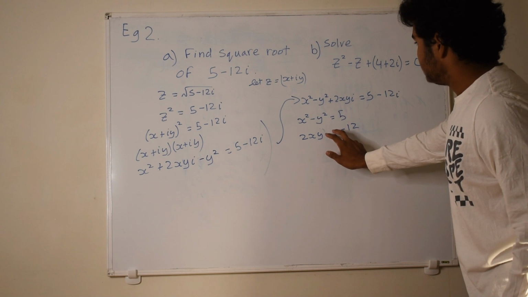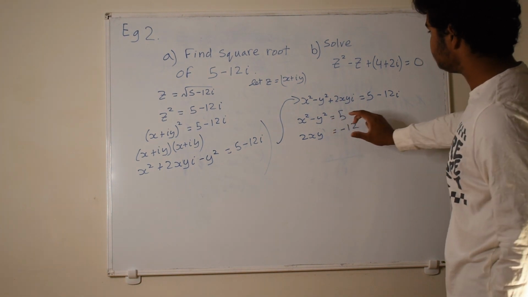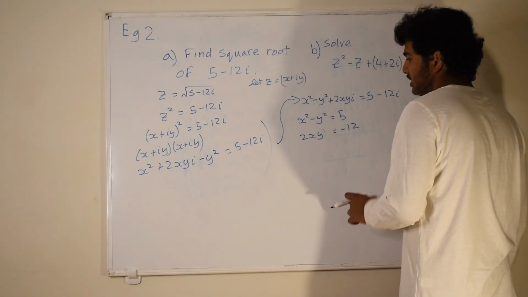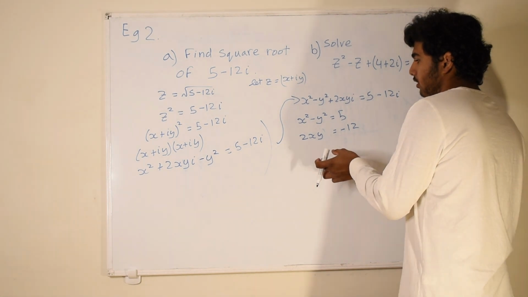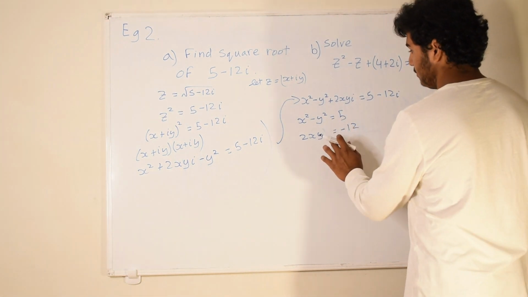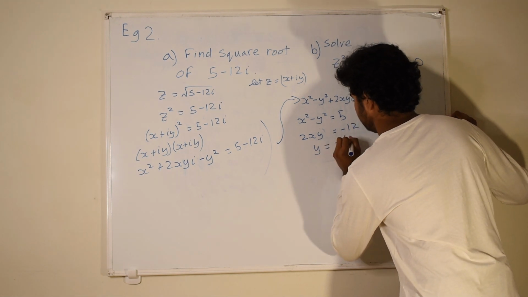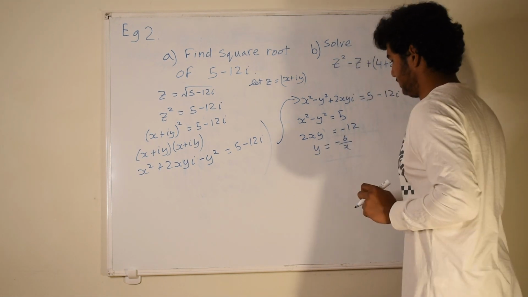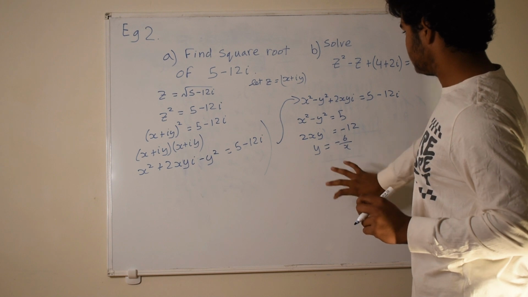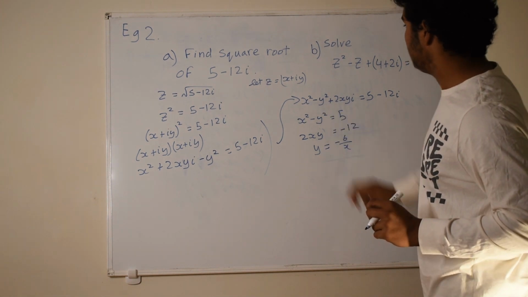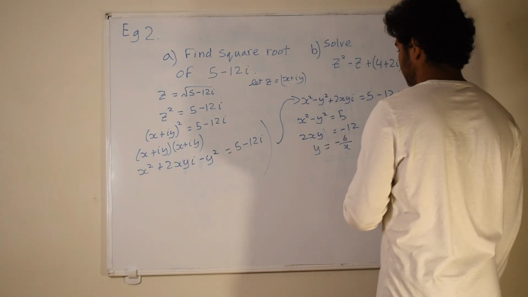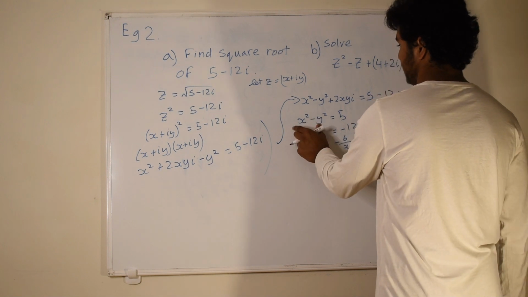Now we can rearrange this and use simultaneous equations by substitution. We let y equal minus 6 upon x, and substitute that into the other equation to get x by itself.